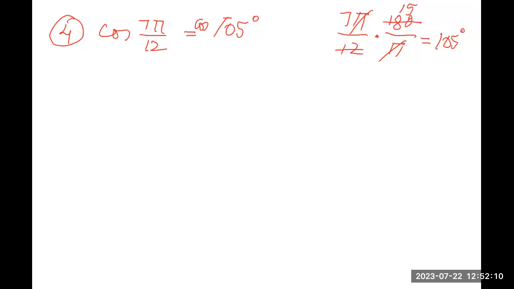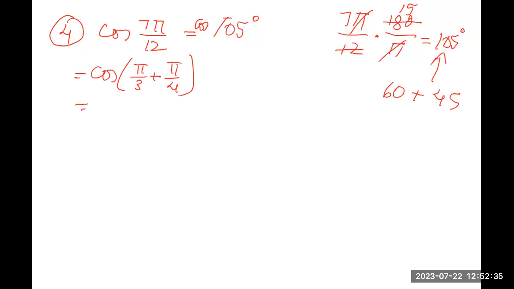And like in the previous example I gave, we split this into 60 and 45. So if you're working in radians, you would do 7 pi over 12 equals pi over 3 plus pi over 4, which is 60 degrees and 45 degrees.